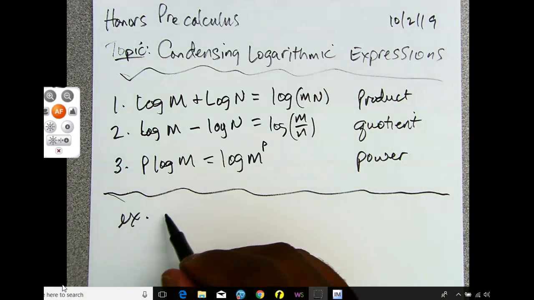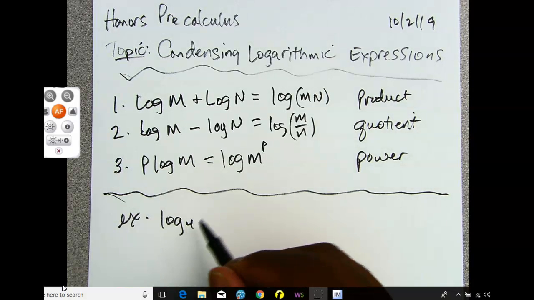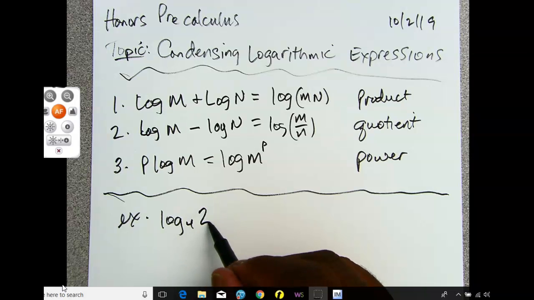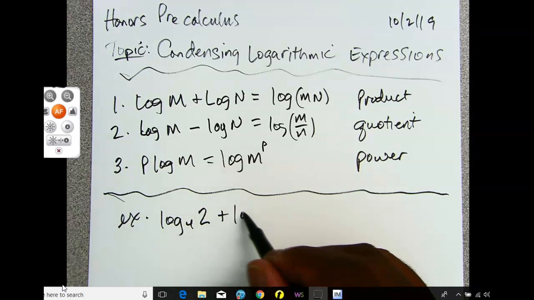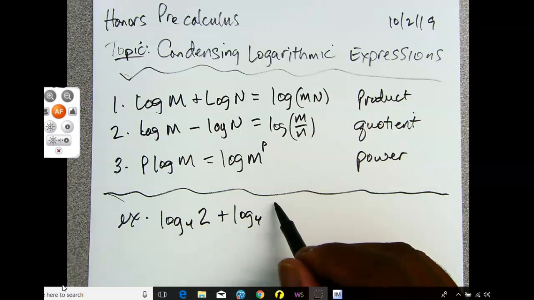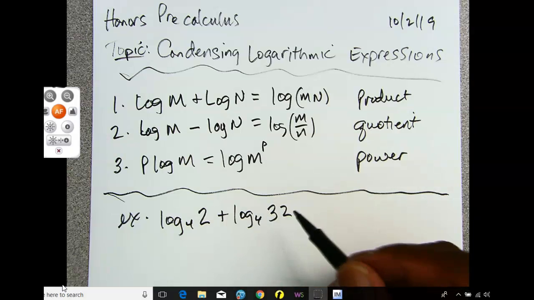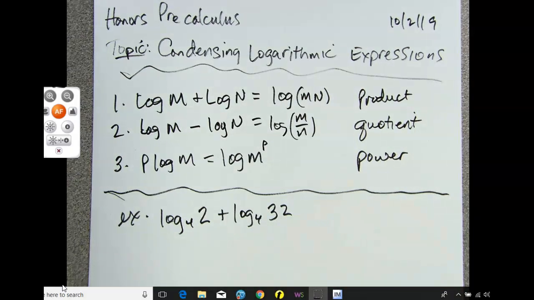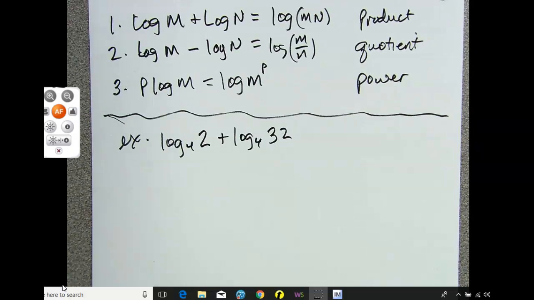So example, let's say we have log base 4 of 2 plus log base 4 of 32. Now this particular problem on its own, the way it's written, we probably have to modify it a little bit to see if we could find a numerical value here.